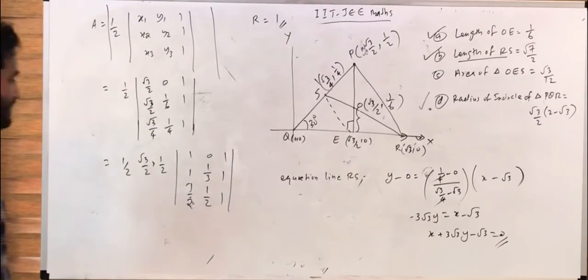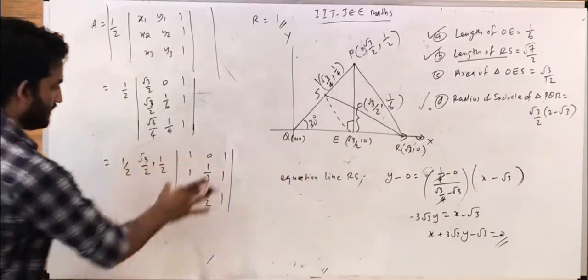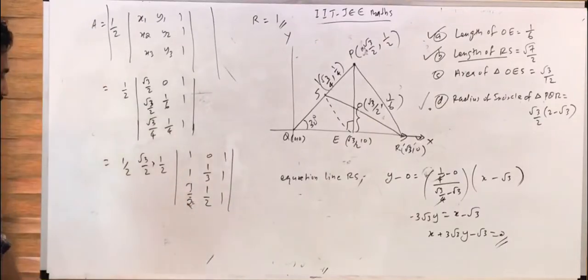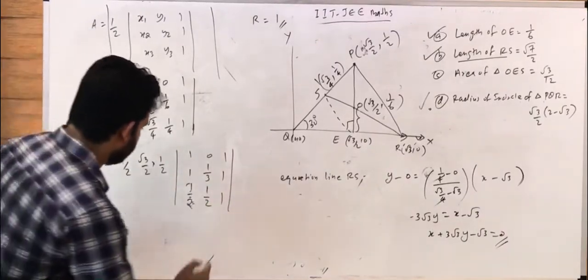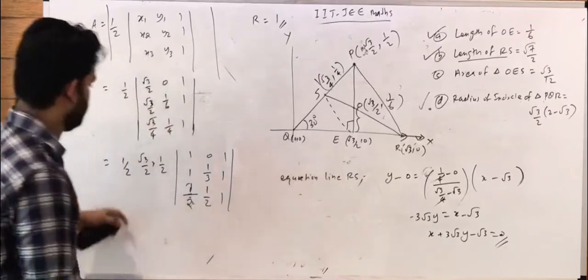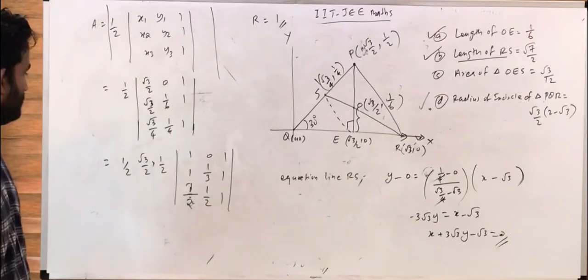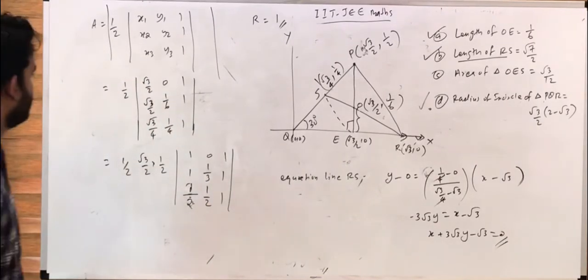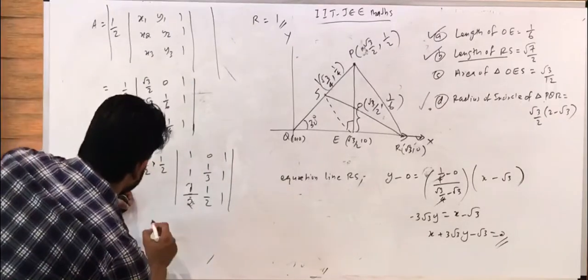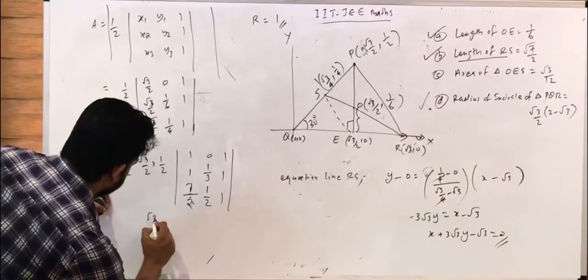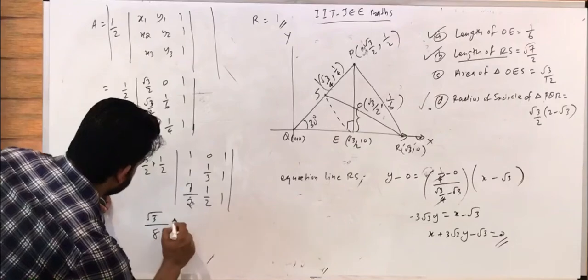Here if I apply a row operation, this will become root 3 divided by 8 into the determinant.